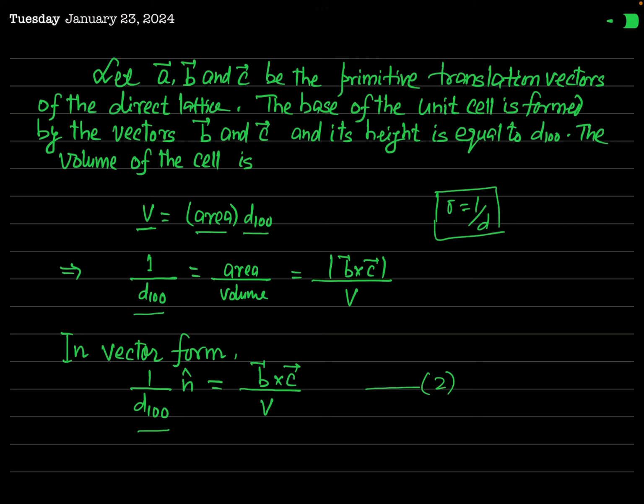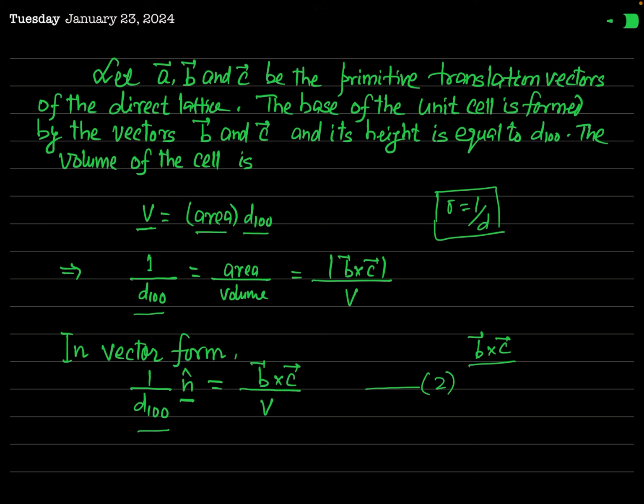Actually, the direction of this vector B cross C is along the normal perpendicular to the plane containing B and C, according to the definition of the vector product of two vectors. So this B cross C is along the normal unit vector, that is n hat. So in vector form, you can write 1 over D 1, 0, 0 n hat is B cross C over V. Okay.